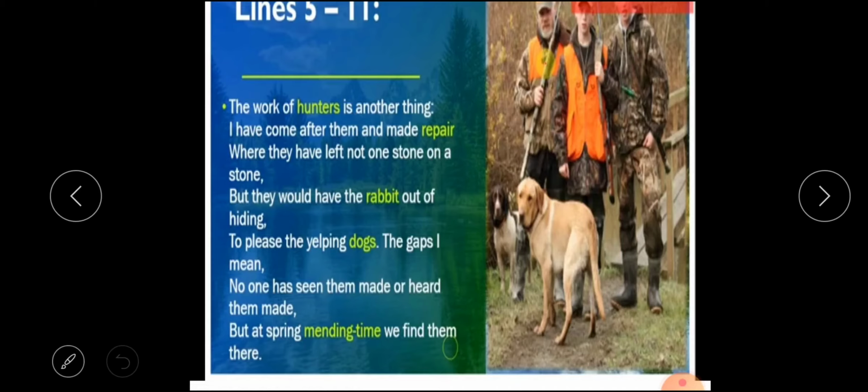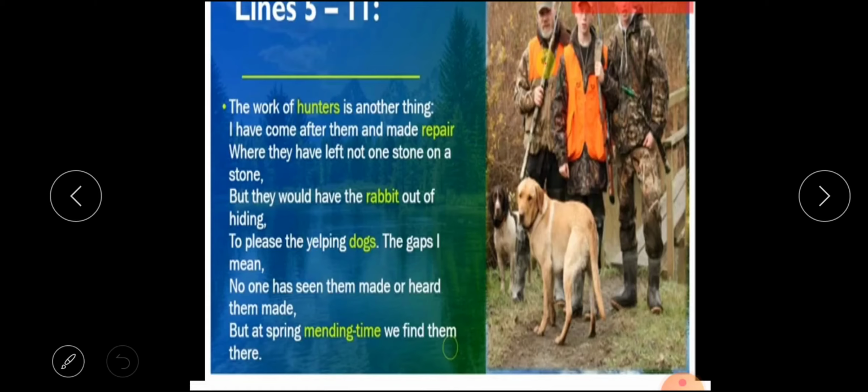And the speaker has to make regular repairs, as he points out in this line: I have come after them and made repair. So right, what he is saying is that the hunters do not bother about the repairing part. So it may be because the wall restricts the otherwise widespread hunting ground.